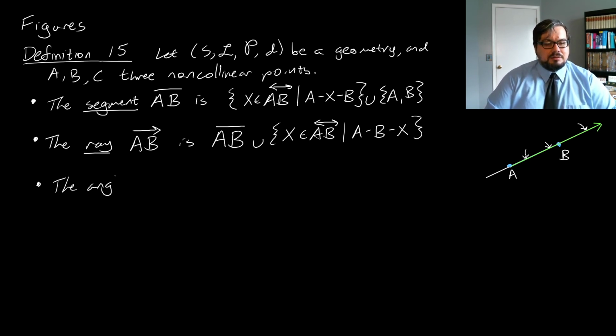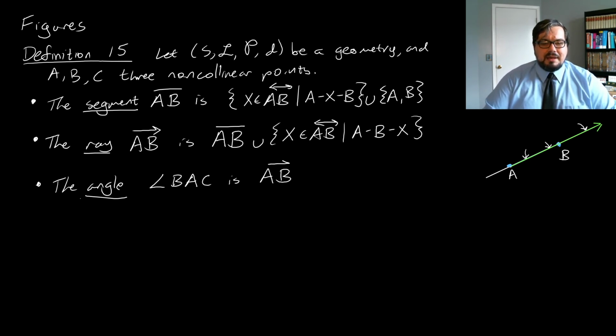The angle BAC is the ray AB union with the ray AC. So in geometry, an angle is just a union of two rays.